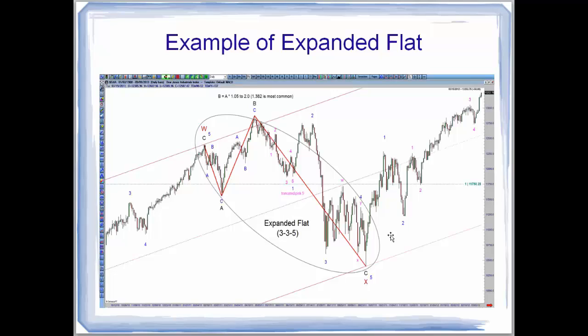The expanded flat is the most common type of flat and subdivides 3-3-5. Wave B of an expanded flat makes a new price extreme, and wave C ends beyond the extreme of wave A. In all flats, wave B must retrace at least 90% of wave A. Also, in all flats, wave C must subdivide as a 5-wave non-overlapping impulse or diagonal.